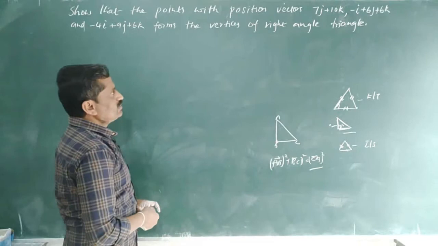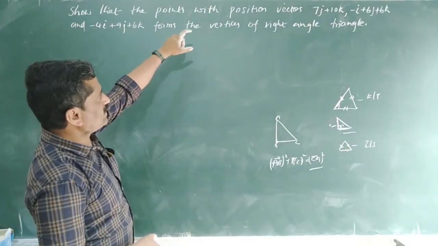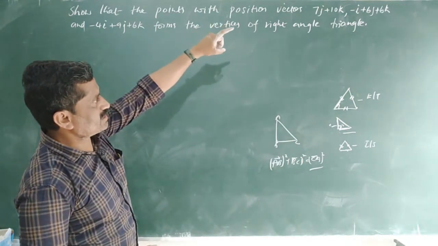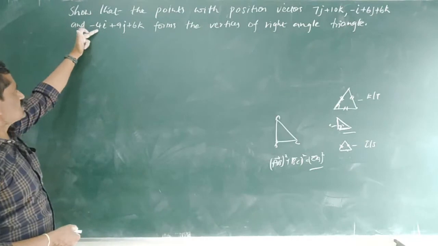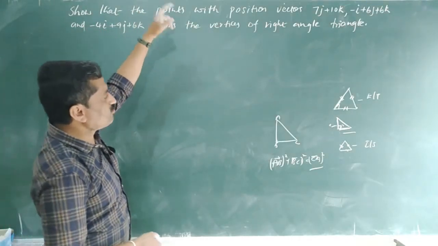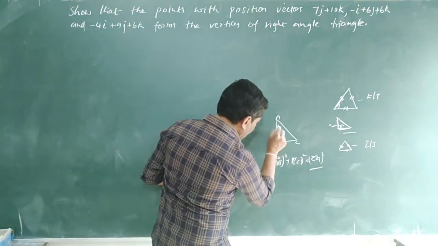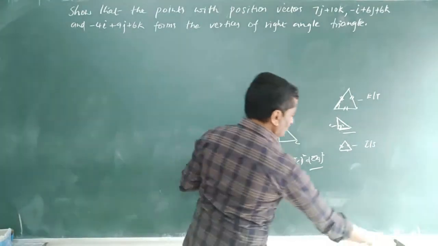So here we have to show that the position vectors 7i plus 10k, minus i plus 6j plus 6k, and minus 4i plus 9j plus 6k form the vertices of a right angle triangle.